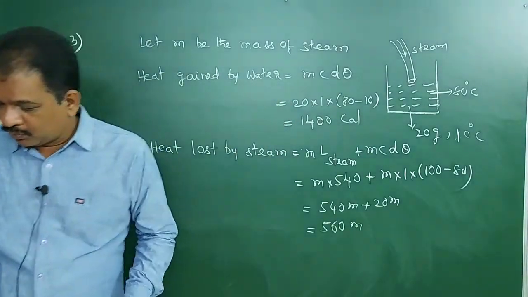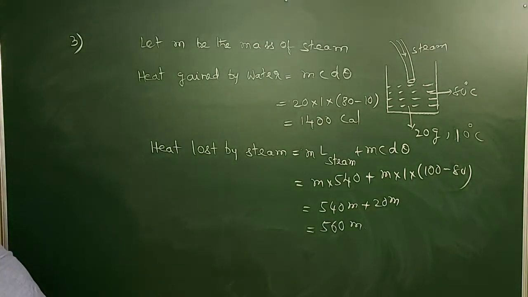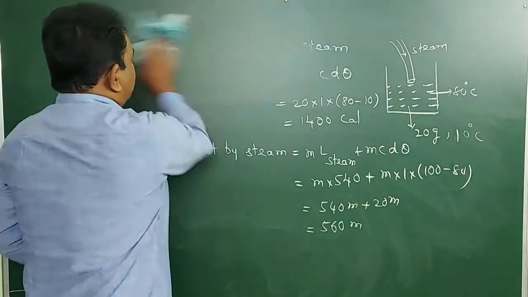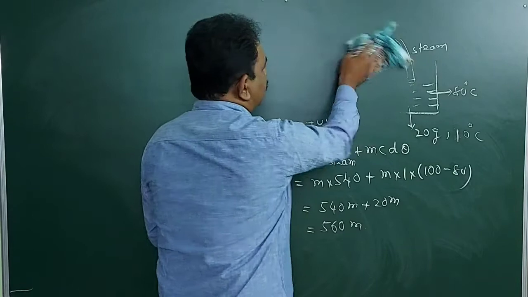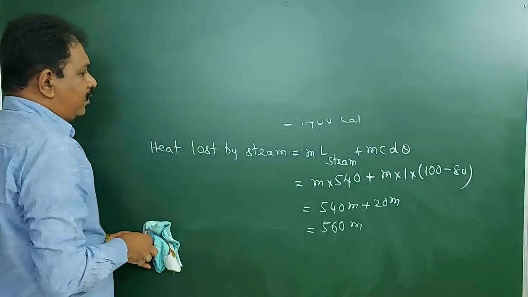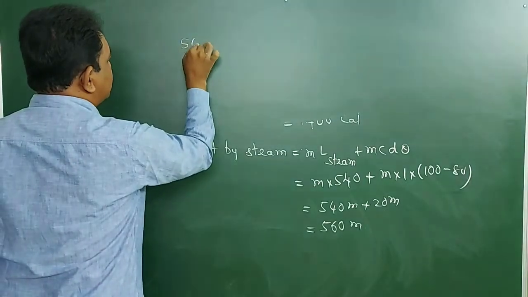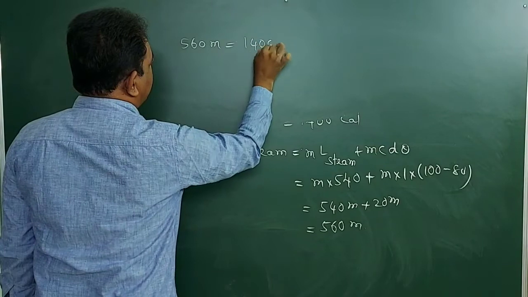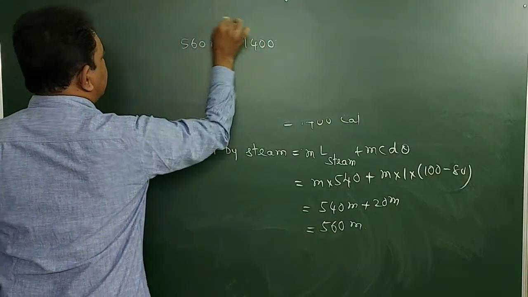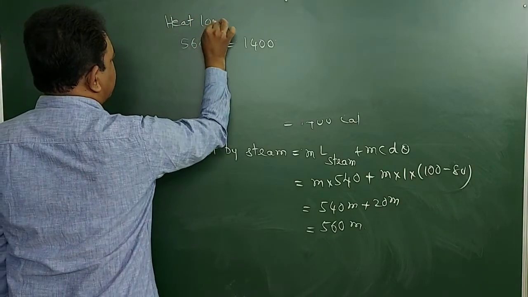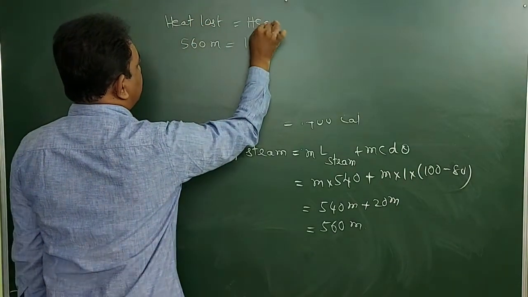Equate these two. Then what we will get, see here, 560 m is equal to 1400, because heat lost is equal to heat gain.